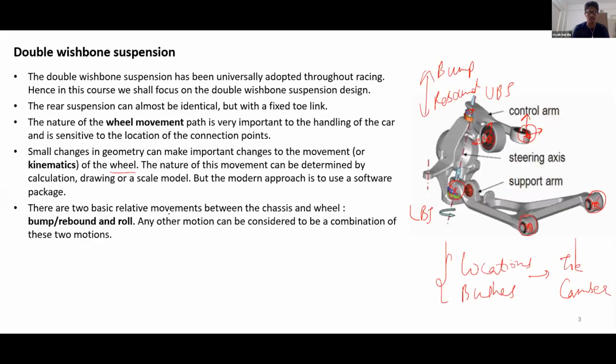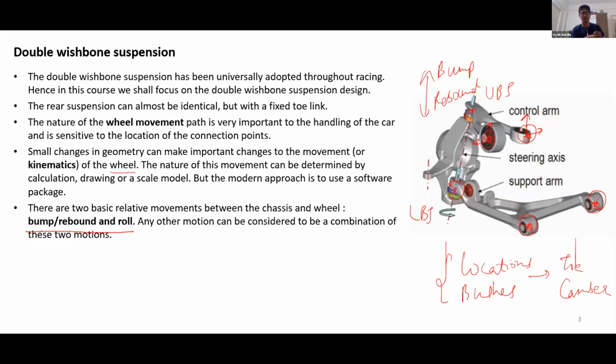So that would be the aim. So we would like to analyze the suspension under two main behaviors. The first is the translational motion, that is bump and rebound. That is when both the wheels go over a bump. Both the wheels are going purely in bump and in rebound. And the other is the cornering motion, where the chassis is rolling.